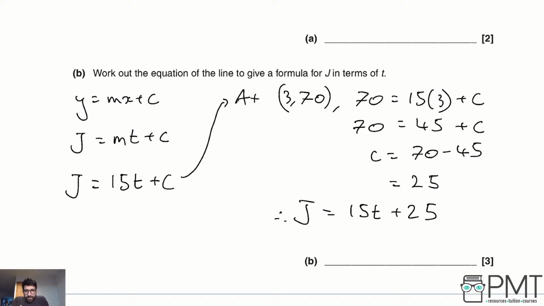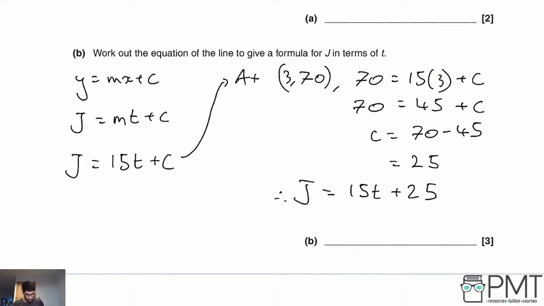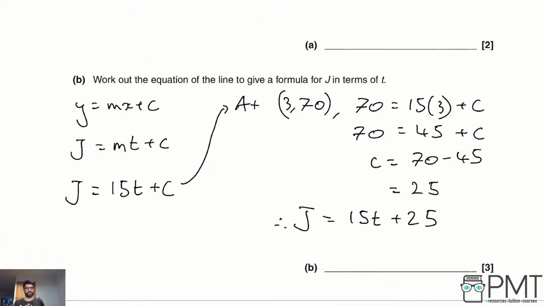Can anyone tell me what these actually mean in terms of what he charges and how long he works? We have got two values here. We have got 15 and we have got 25. What do they actually stand for? Let's simplify my question. Let's start with, what is his hourly rate? Can someone tell me what his hourly rate is based on this equation?